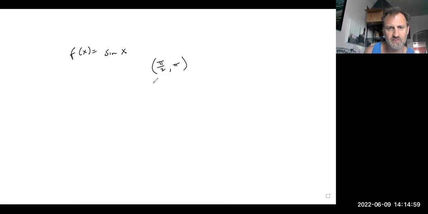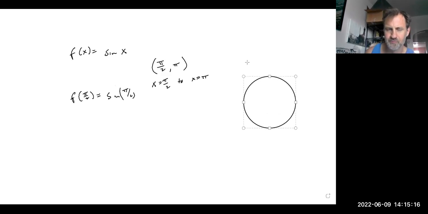So if we're finding the secant, again, this is my input, x equals pi halves, x equals pi. So f of pi halves is sine pi halves. I'm thinking in terms of the unit circle. So let me just get a little circle going on here. If you're using your calculator, which is, I think, okay to check, but you really need the knowledge here to be able to do this without a calculator.